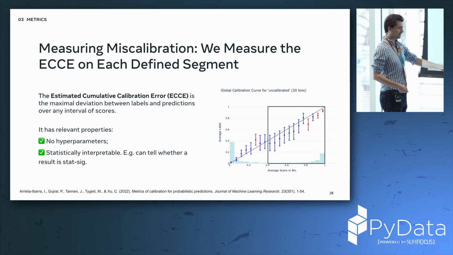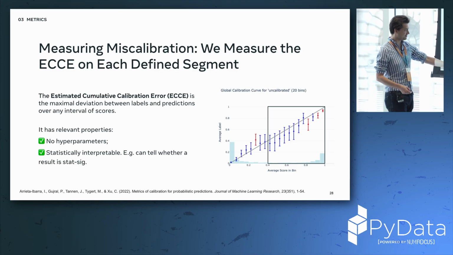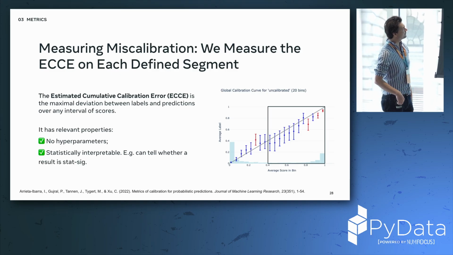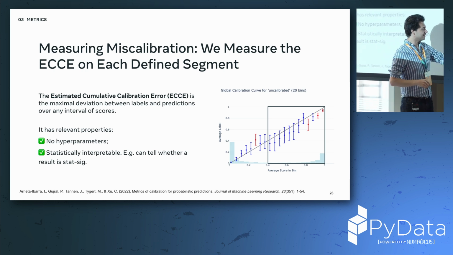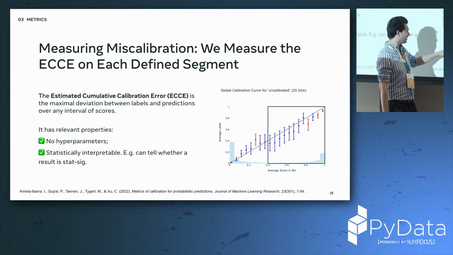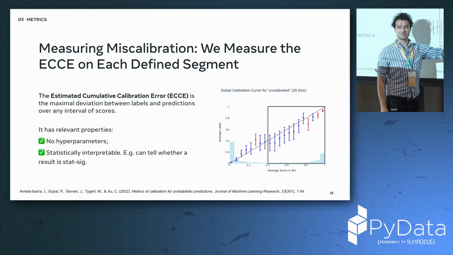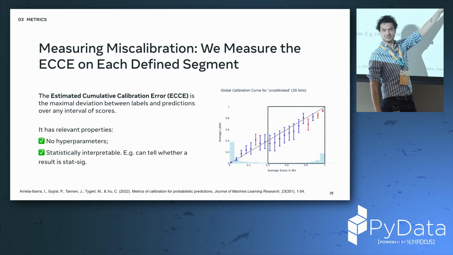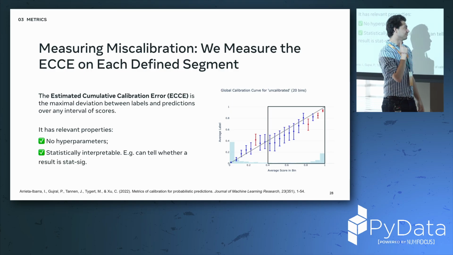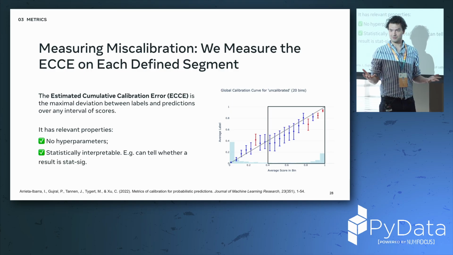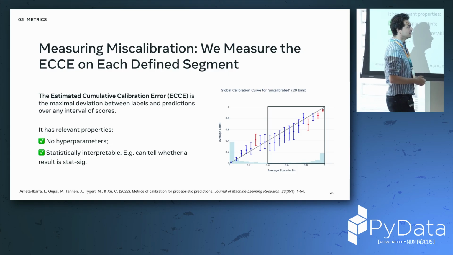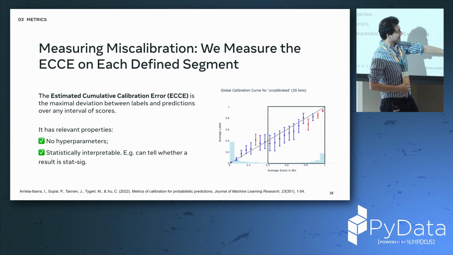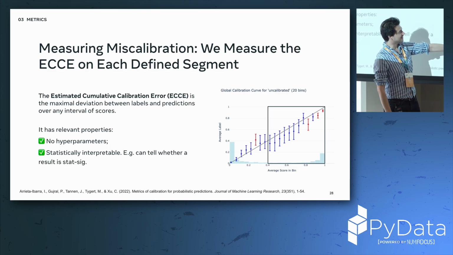There's a paper here that describes these issues in more detail. Together with some researchers from FAIR, there's a better way to do this: instead of grouping, look at the cumulative distribution of the predictions and compare that to the cumulative distribution of the label. If you compare the cumulative distributions of both, you don't have this binning issue.